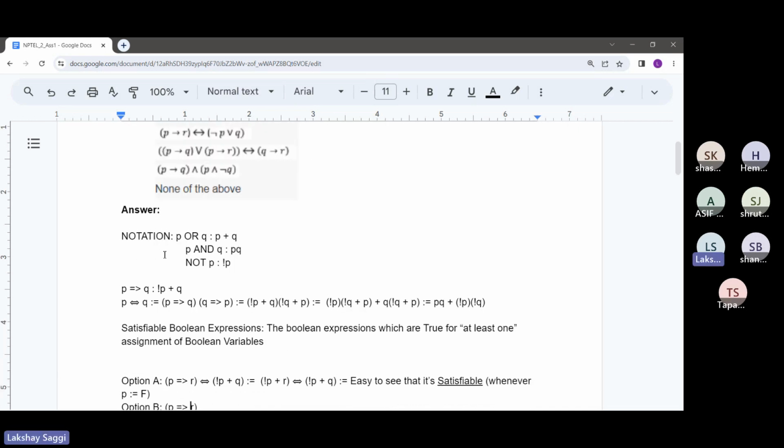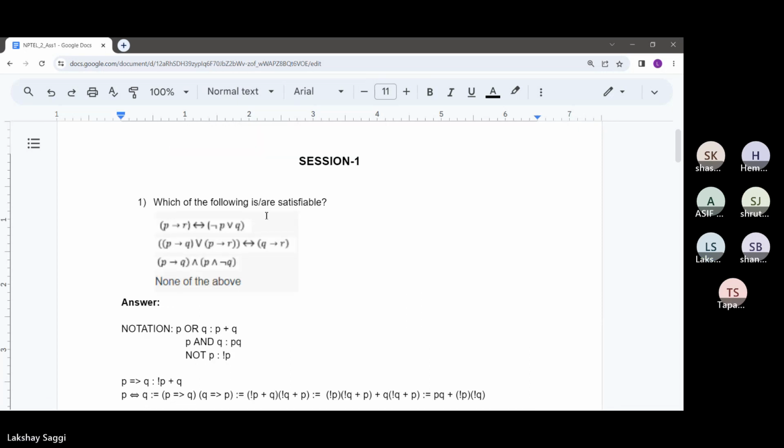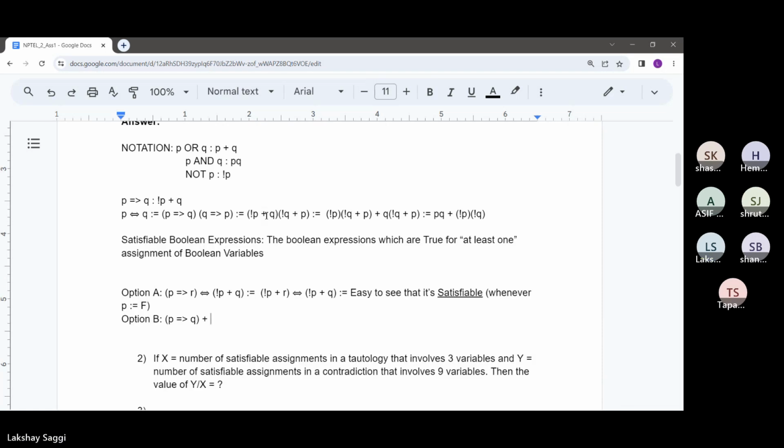P implies Q plus P implies R, and this whole is in parentheses, if and only if Q implies R. So this is the option.